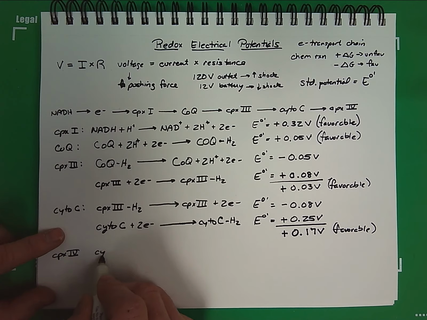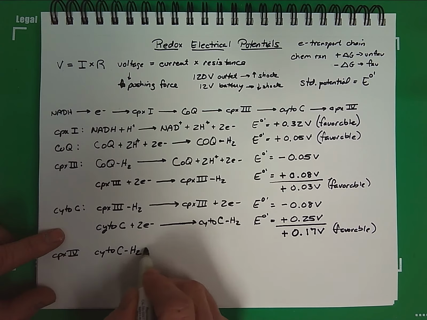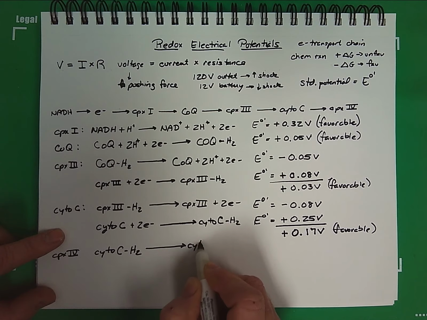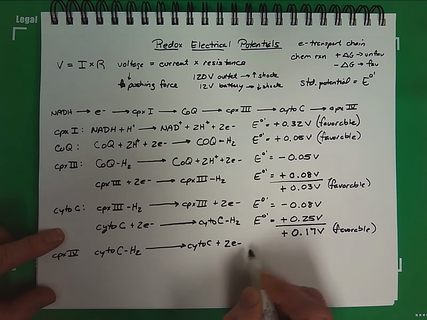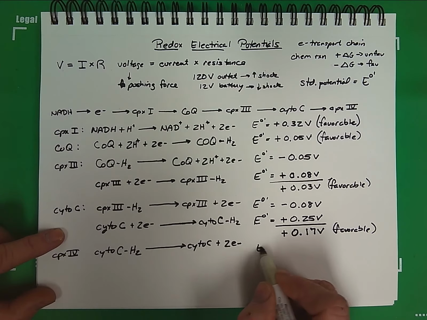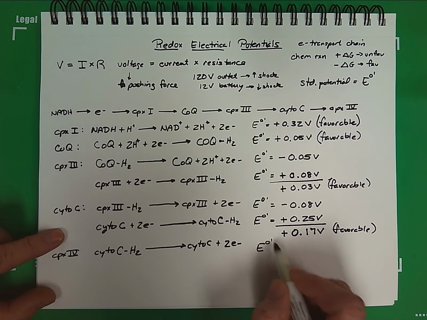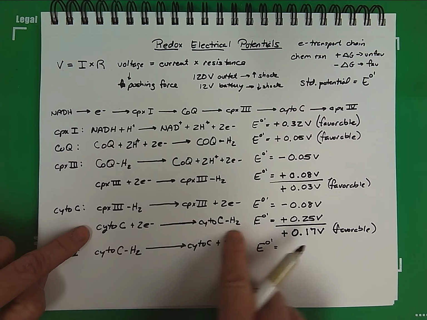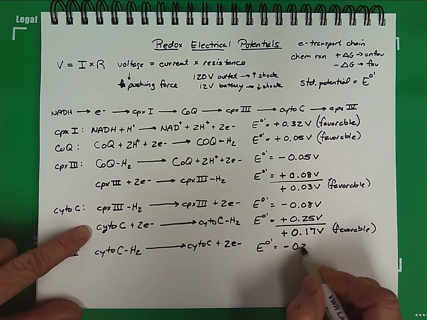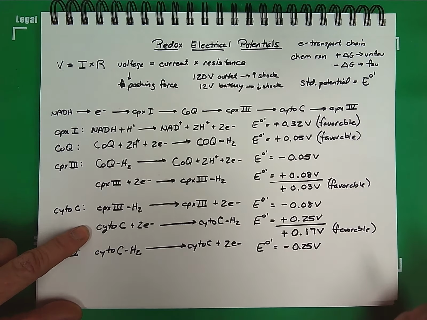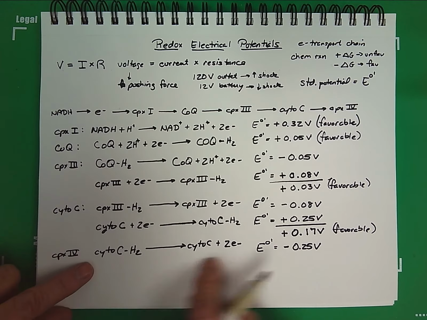So to draw this reaction, we need to do cytochrome C beginning in its reduced state, and the cytochrome C then is oxidized to give off these 2 electrons. The standard potential for this reaction, of course, is the reverse of this. So this is a negative 0.25 volts. So this is an unfavorable reaction.